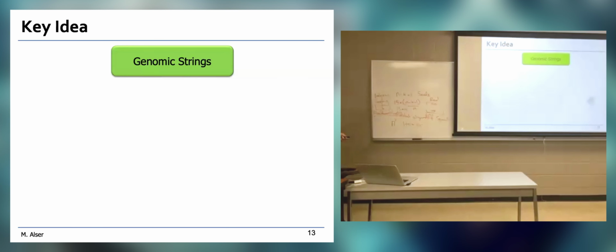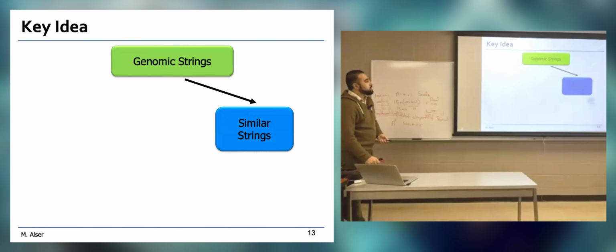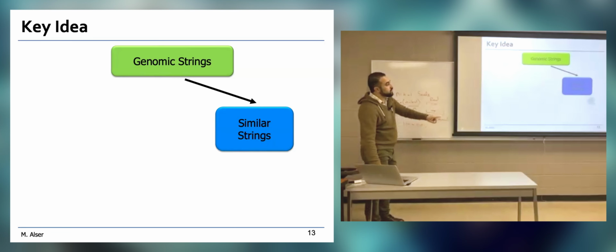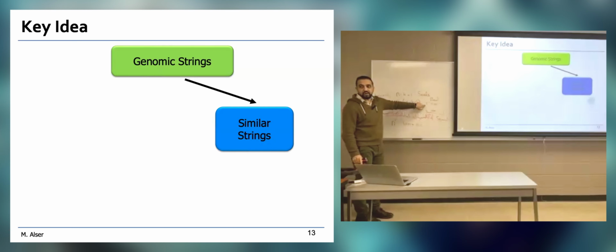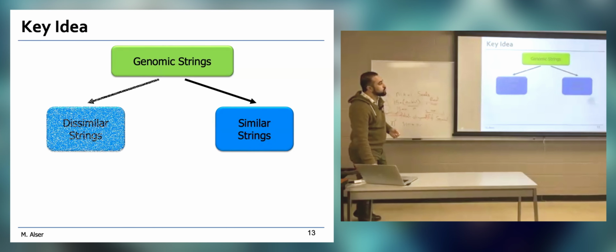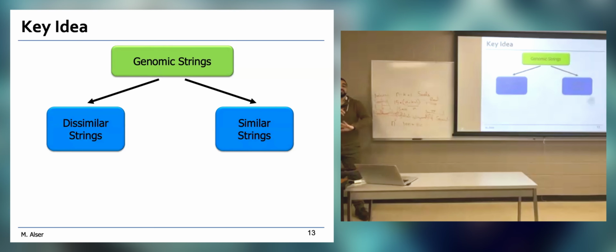All right, so let's see the key idea behind filtering. When we detect the location of the read in the reference genome, now we have two genomic sequences, okay? Those genomic sequences could be any of two types. Could be first a similar string, so those two share some similarity between them, right? Could be 90%, could be 99%, could be 99.999 something percent, or could be totally irrelevant, something we don't care about.